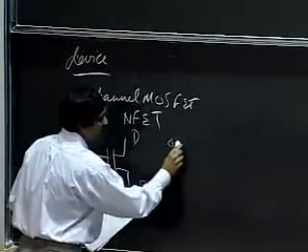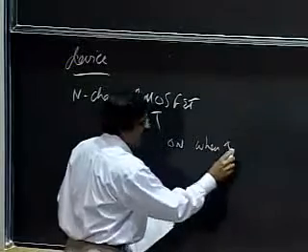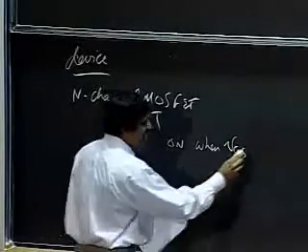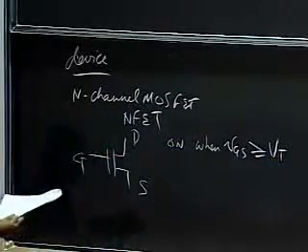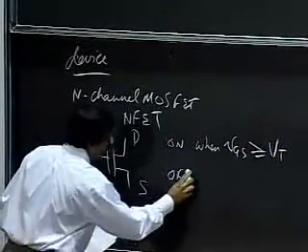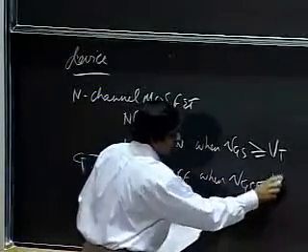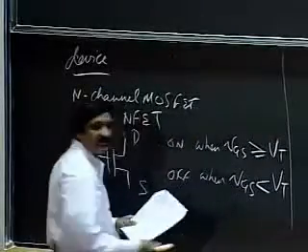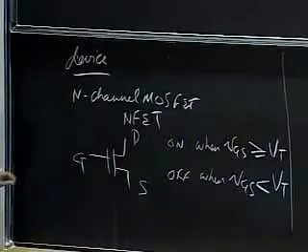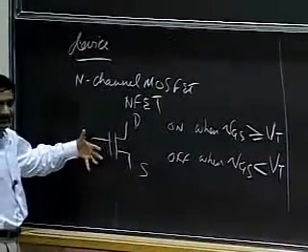And this guy is on when VGS is greater than or equal to VT, and off when VGS is less than VT. You saw this before. Okay, nothing new here. So what I need is a device that behaves in a complementary manner.